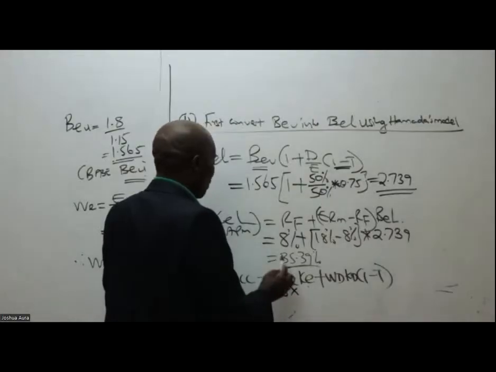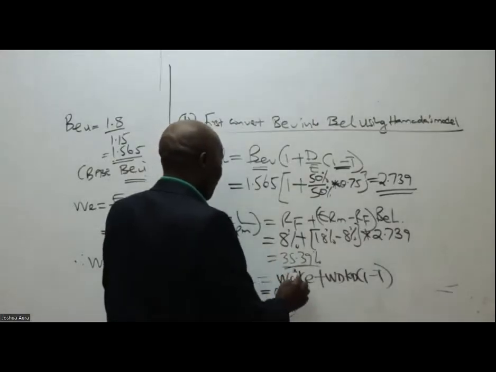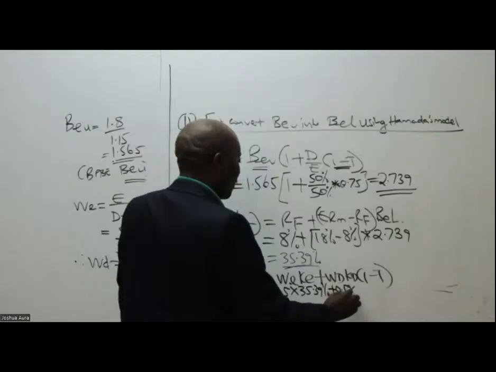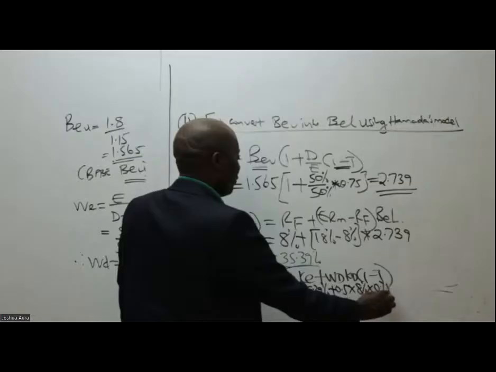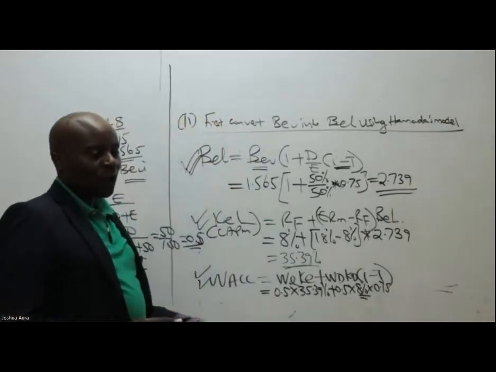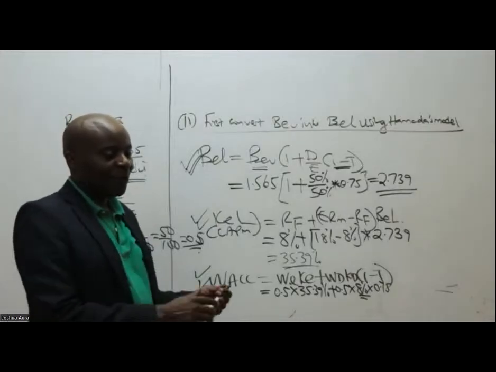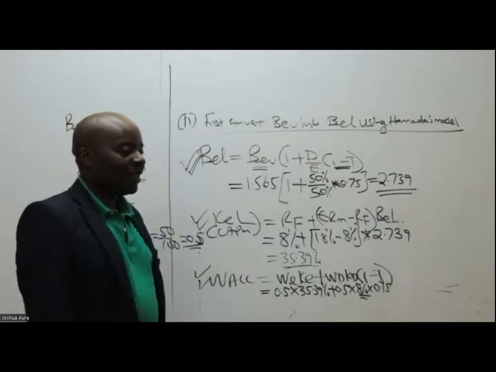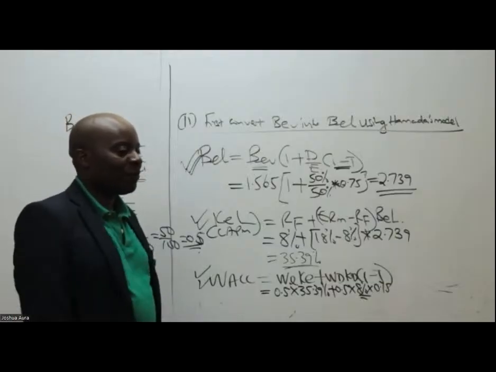The cost of equity is what we already have here, 35.39%. Weight of debt is 0.5 times cost of debt, which is 8%, times 0.75. I'm so sure you don't know where I got 8% from. Is there anybody who knows where I got the 8% from?